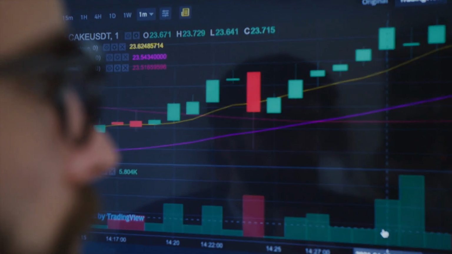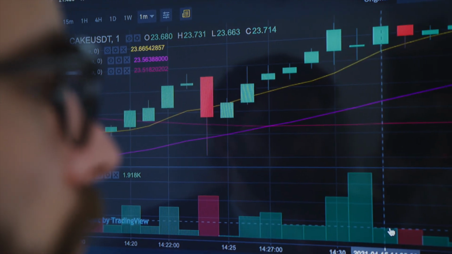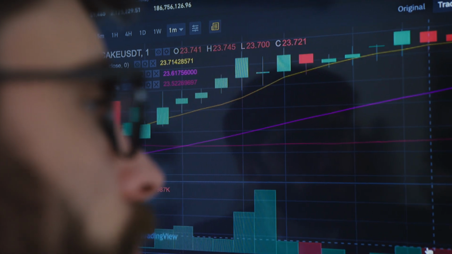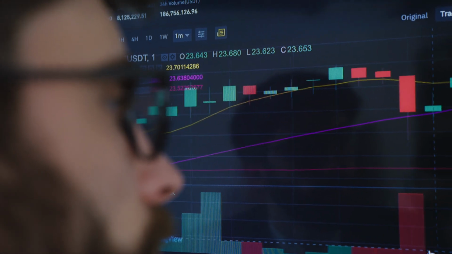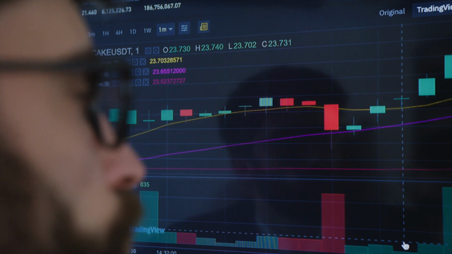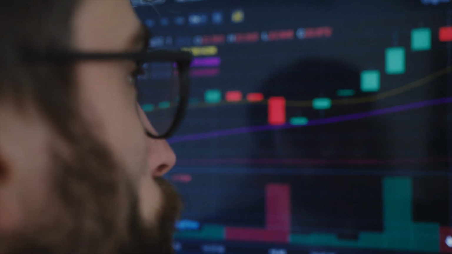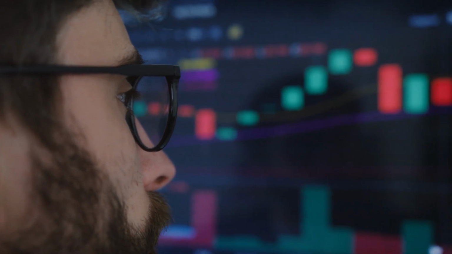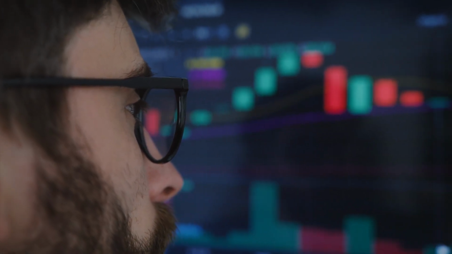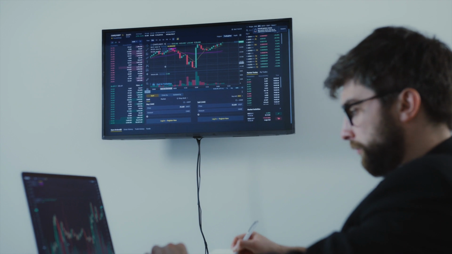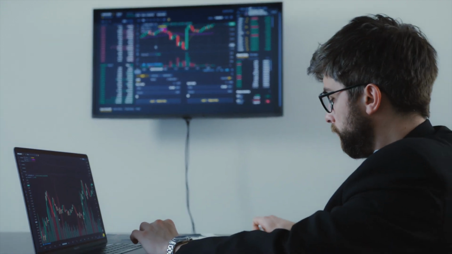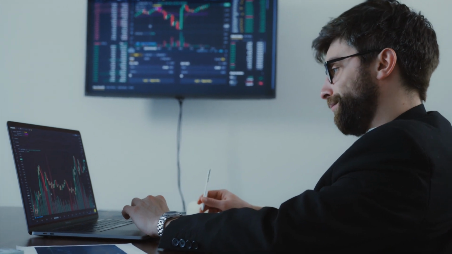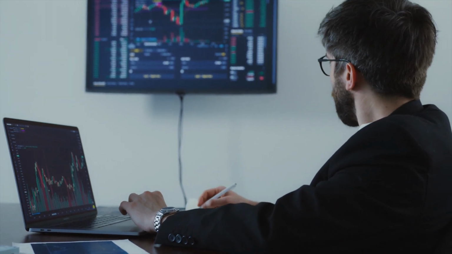So demo accounts are often used by beginner traders to practice their trading skills and their strategies, and just test out different platforms as well to see how they work and whether or not that platform specifically works best for them. Now, they're also used by more experienced traders to try out new trading strategies and test out new ideas that they may want to incorporate into their existing strategy.